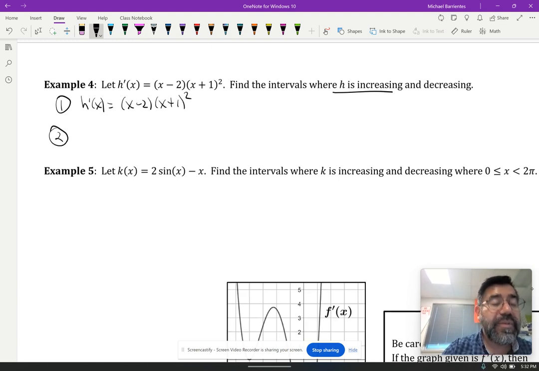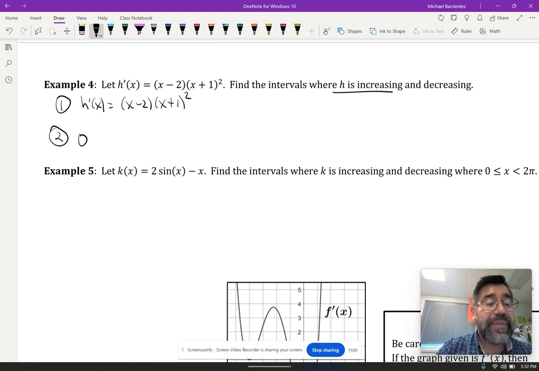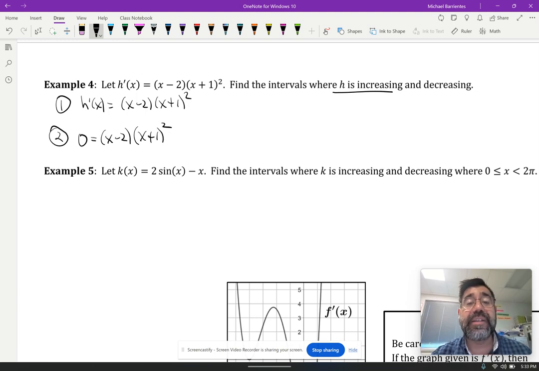Step 2, find where the derivative is equal to 0 or undefined. Find those critical points. Well, I'm going to set my derivative equal to 0. By the way, this is not undefined. So the only way to find critical points is if there are x values that make that whole thing equal to 0. However, they did me a solid here. They factored it out.